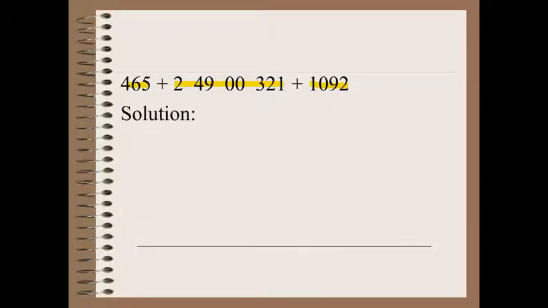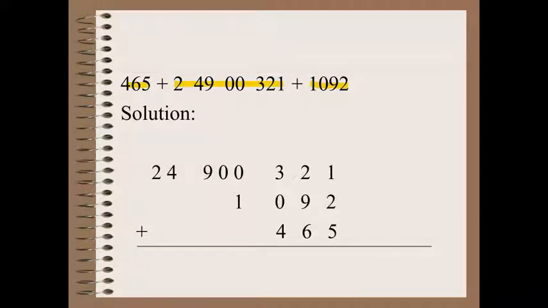Here is another example. Now you can see that we have three numbers here: 465, 2, this is the second number, and then the third number is there. For adding three numbers, you can see that I have changed their order.